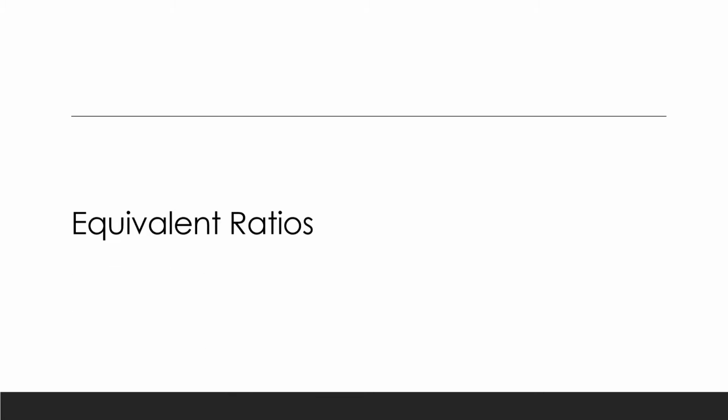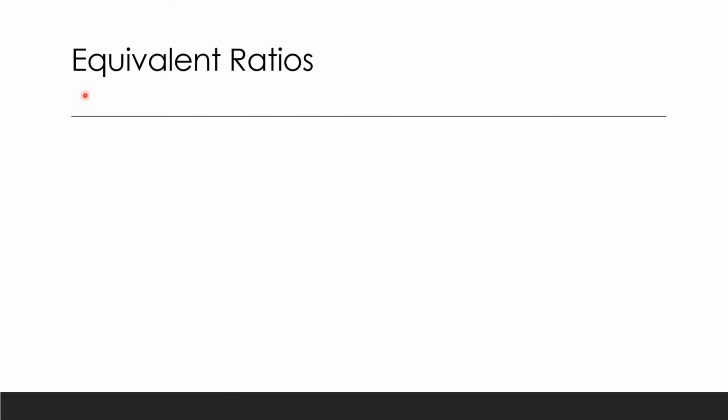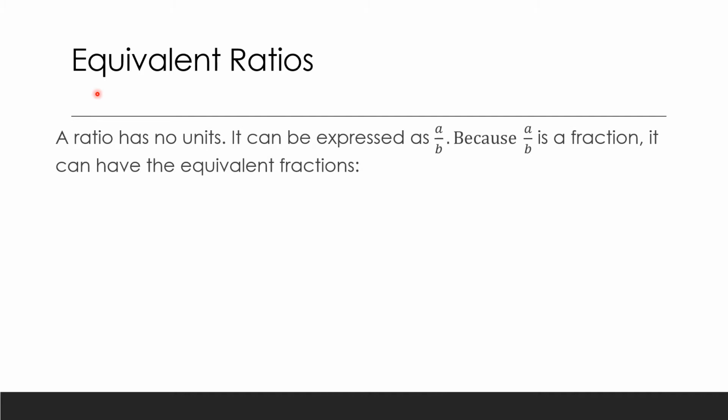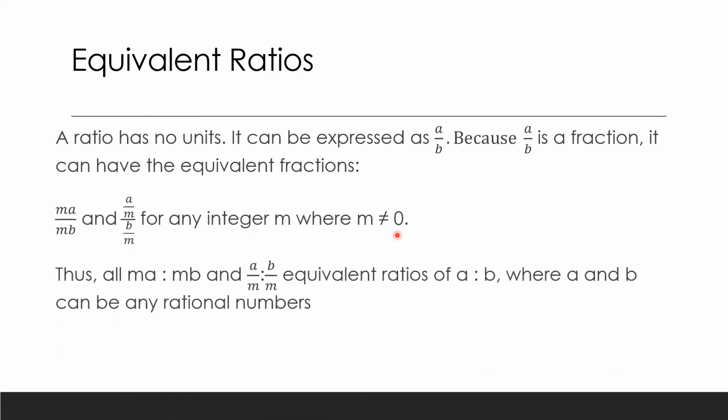We also have equivalent ratios. A ratio has no units. It can be expressed as A over B because A over B is a fraction. It can have equivalent fractions. MA over MB and A over M over B over M, for any integer M where M is not equal to 0.